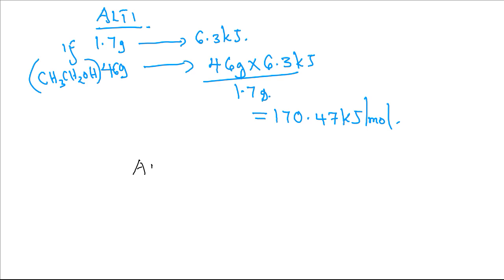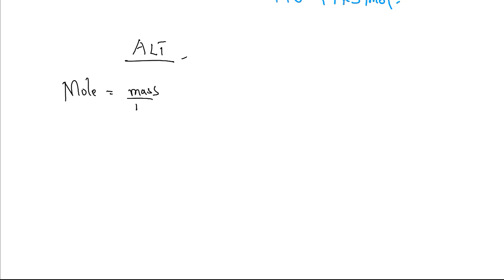Alternatively, we can first calculate the number of moles. Recall that mole is equal to mass over molar mass. That is 1.7 divided by 46 as the molar mass, that is grams per mole.